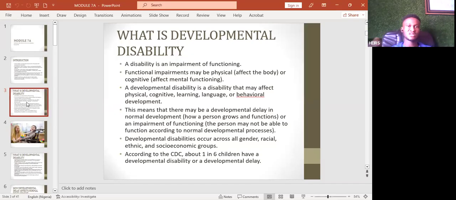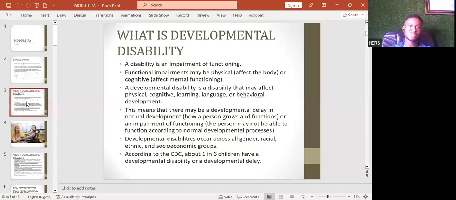The functional impairment may be both physical, that means it affects the body, or cognitive, that means it affects mental functioning. As we all know, disabilities are both physical and cognitive. Cognitive means that they affect mental functioning, and anything that affects mental functioning is not a good condition at all.